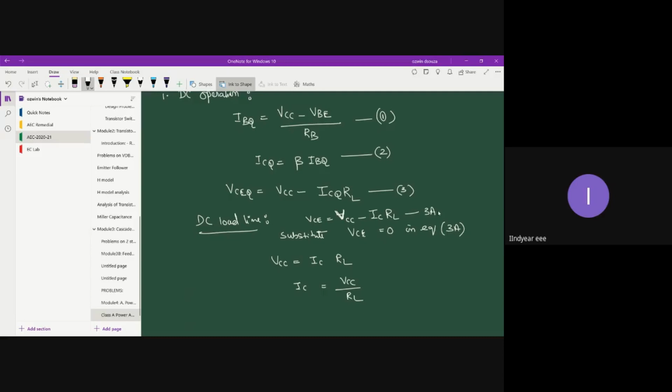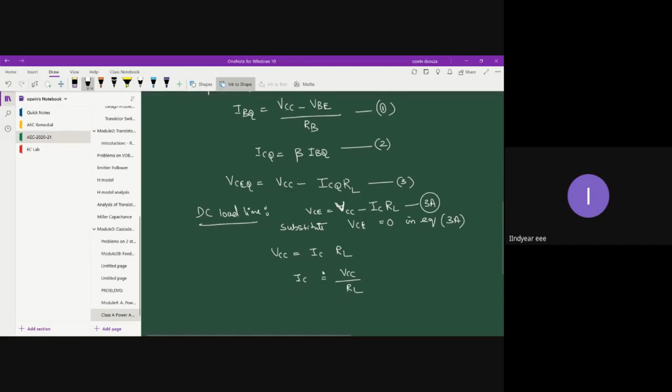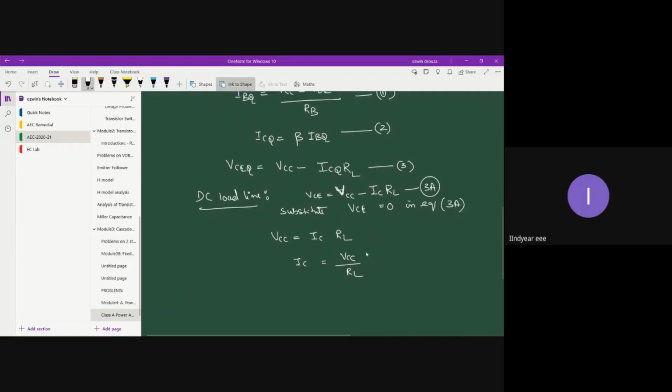So this I will take as 3. You would get IC equal to VCC by RL. Now remember, this is the maximum collector current that can flow through the transistor. Hence, this is also taken as IC saturation.